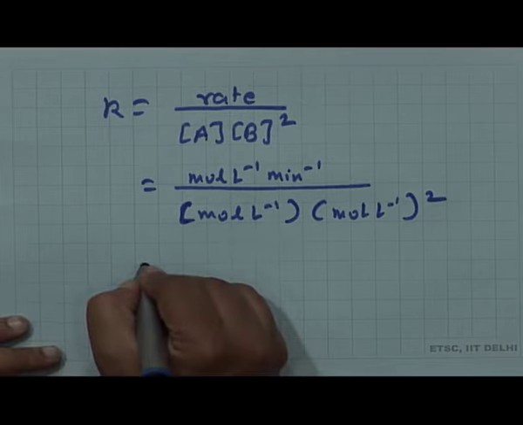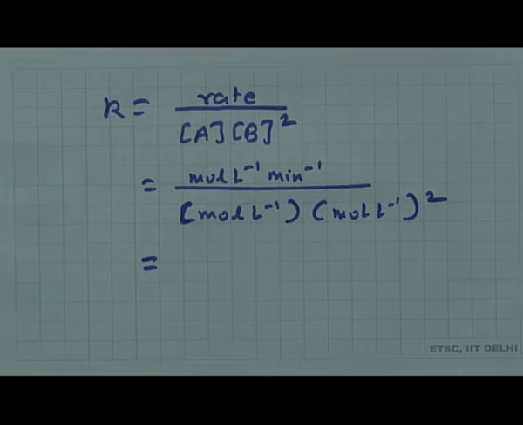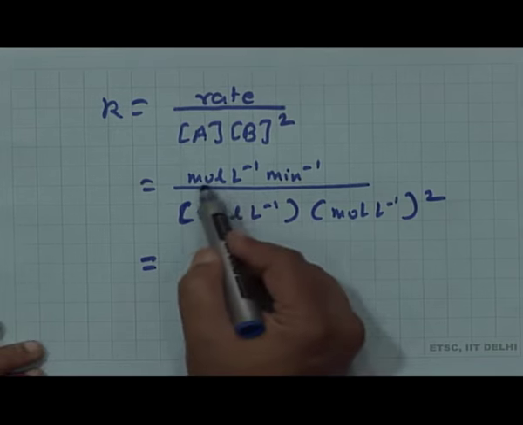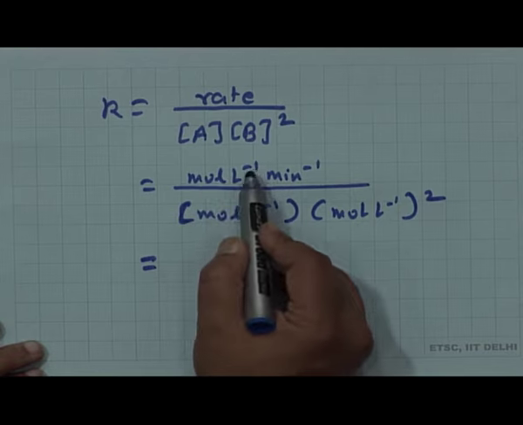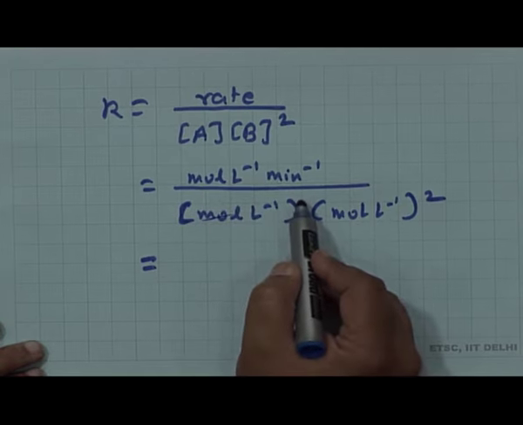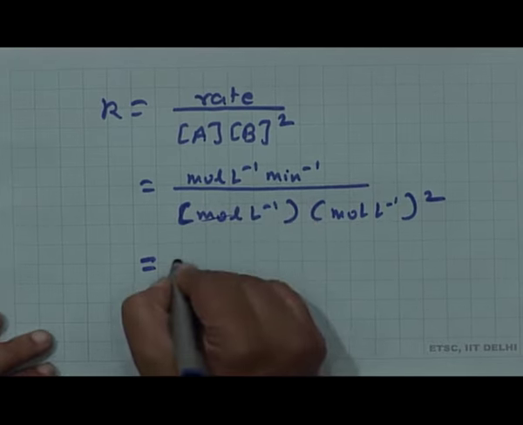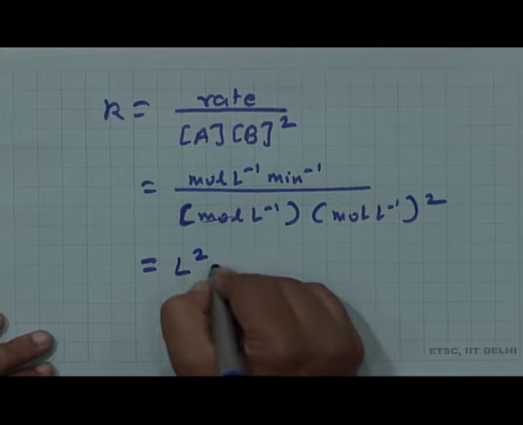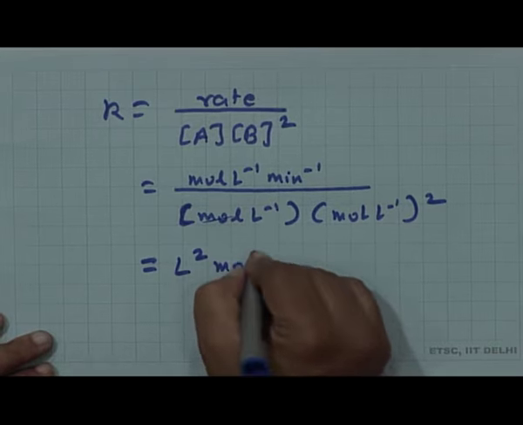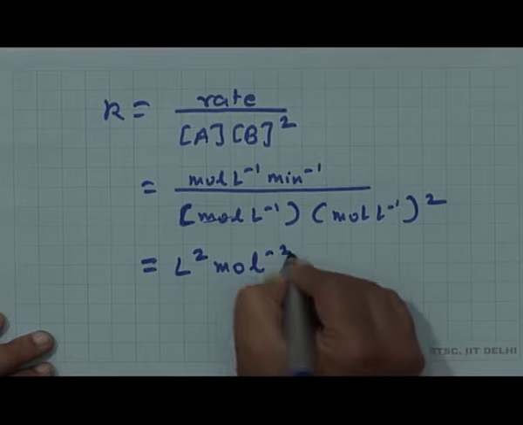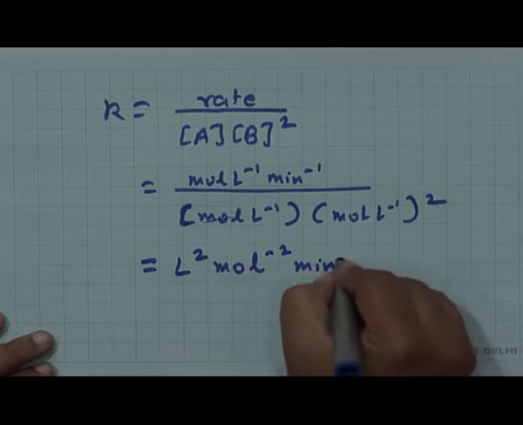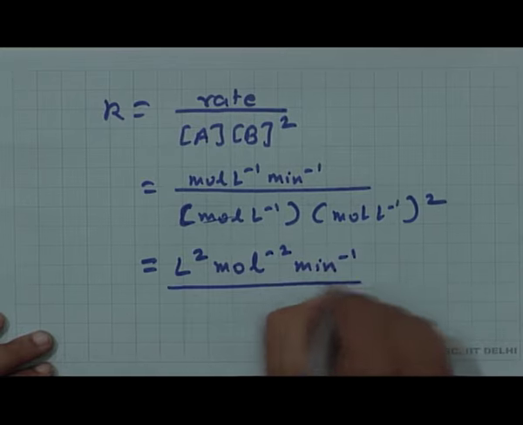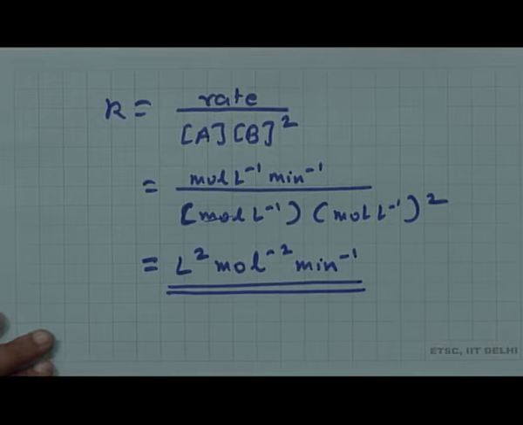Here, as you will realize, the first mole liter inverse and this one cancel out, and I will be left with liter squared mole inverse 2 minute inverse. Then this would be the unit of the rate constant k.